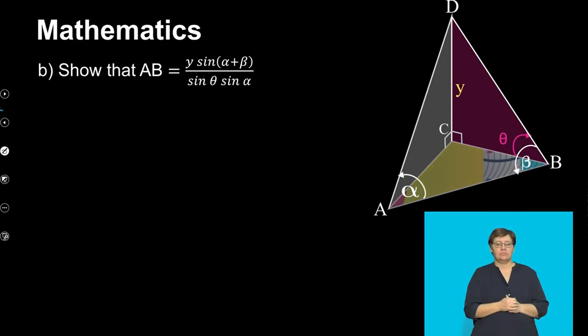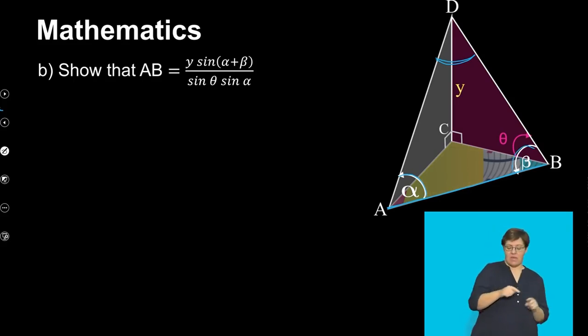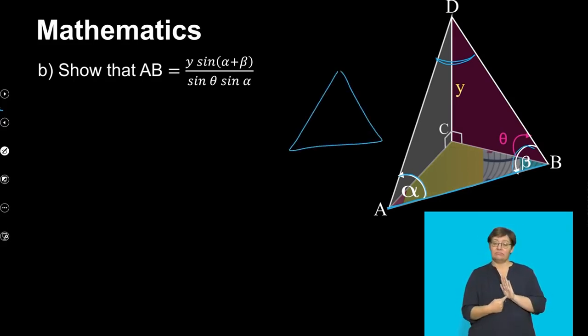Okay, so again, let's recall we were trying to find AB. But if you look in this diagram, we don't have the angle across from AB, which is ADB. But it's easy enough to find because we have alpha and beta in the same diagram.